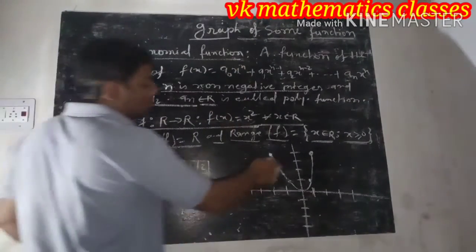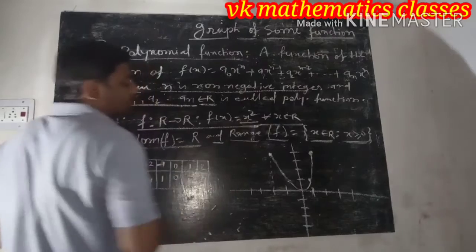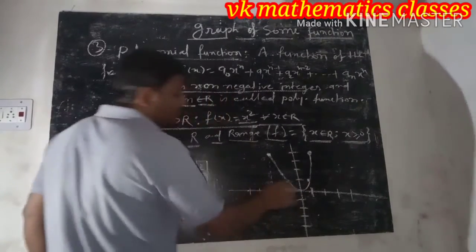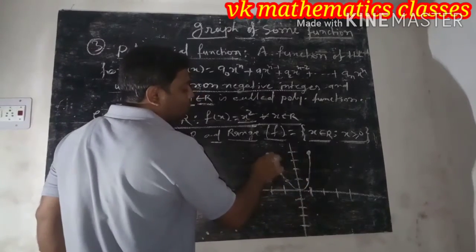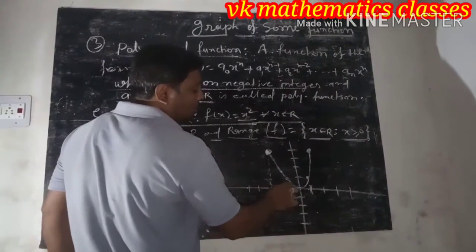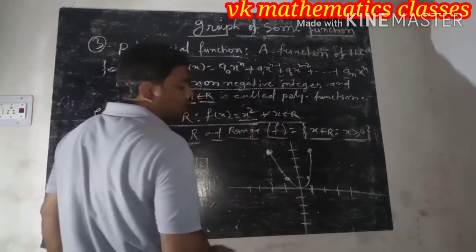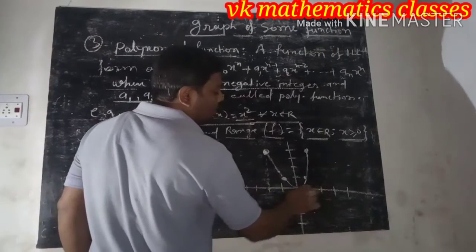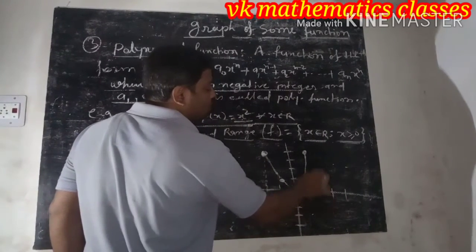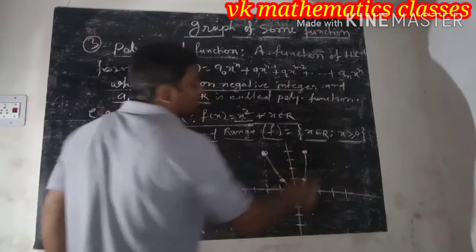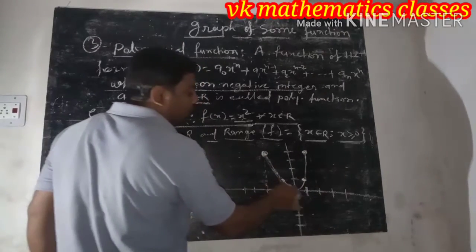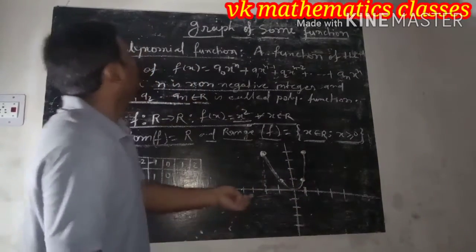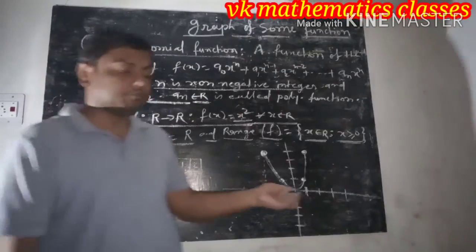So for the graph of this quadratic, we plot the points (2, 4), (1, 1), (minus 1, 1), and (minus 2, 4). Joining these points, we find that this graph is a parabola. So the graph of this polynomial function is parabolic.